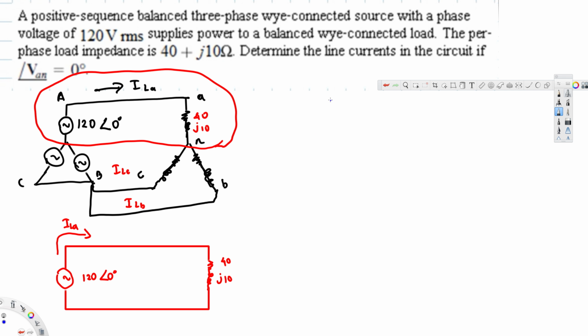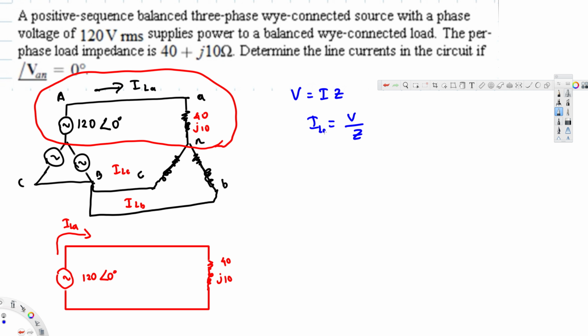To find ILA, we're just going to do I equals V over Z, right? V is equal to IZ, therefore I is equal to V over Z. Since we have the impedance and the voltage, we can directly find the current.